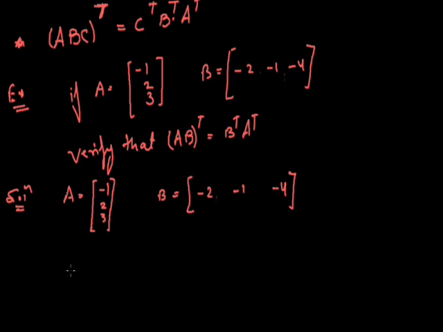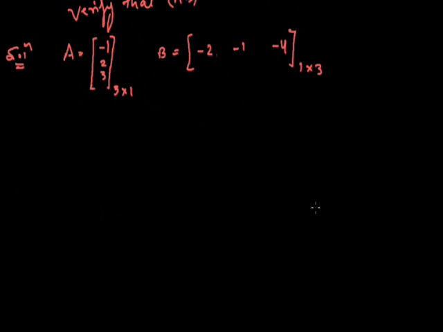First of all, multiply the matrix A into B. The order of A is 3 by 1 and the order of B is 1 by 3, so the resultant matrix order is 3 by 3.